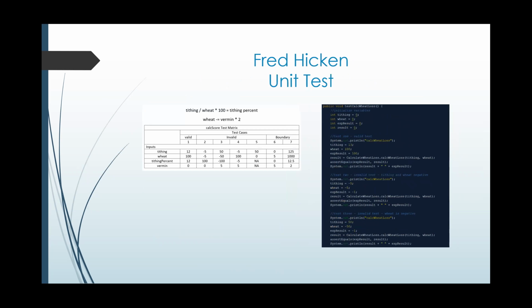All right, and here's my unit test. Specifically, it's about finding how many vermin to generate to eat parts of the wheat based on your tithing. The very beginning of it is obviously just turning the tithing into a percent so I can use that.